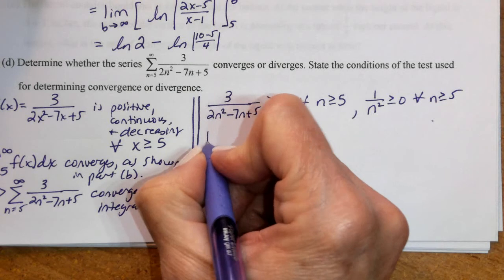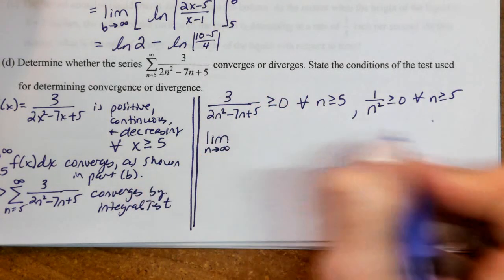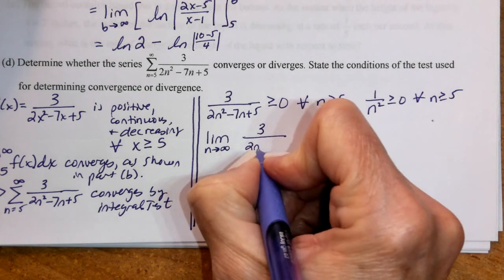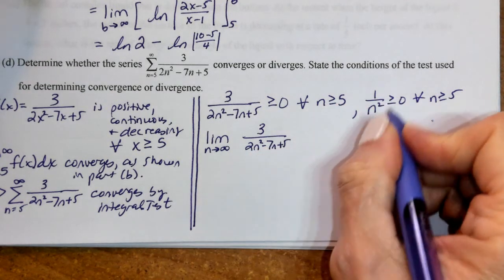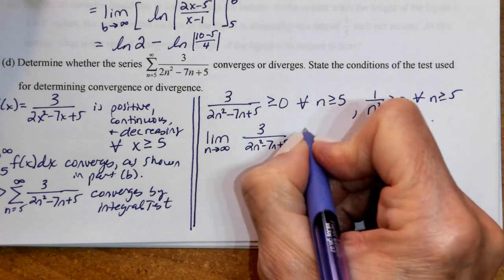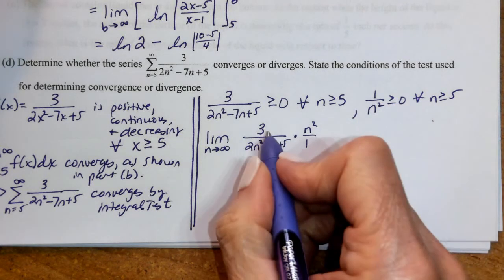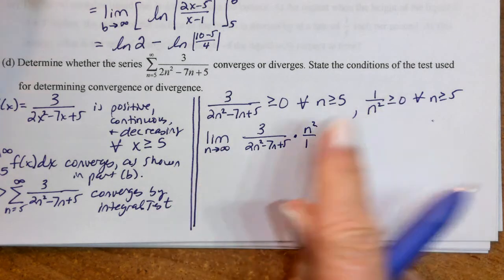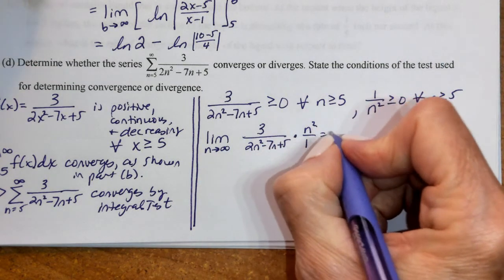Now I'm going to set up the limit comparison test. It has a limit, 3 over 2n squared minus 7n plus 5, and I'm dividing by 1 over n squared, which is the same thing as multiplying by n squared over 1. This is going to give me a 3n squared over this. When we take the limit, this part doesn't matter, and I'm left with 3 over 2.